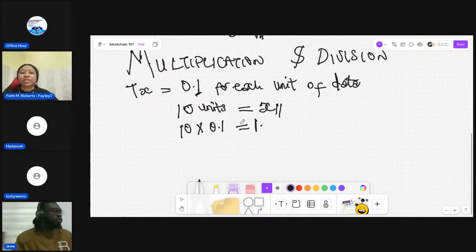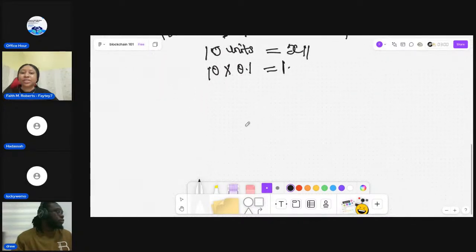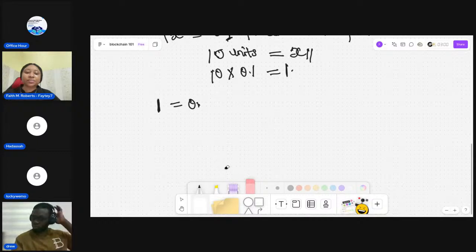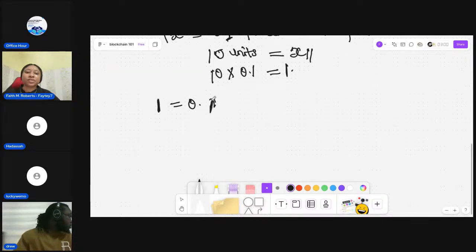So in the normal scenario, when you use 1 unit, it will deduct 0.1.